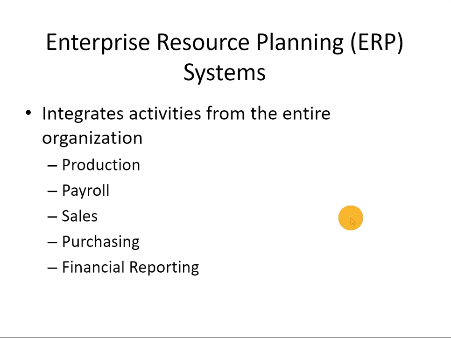And in this chapter, we also cover a little bit about ERP. Accounting information system is already good, but that's not enough. To run the whole company, we need to integrate all the activities for the entire organization.